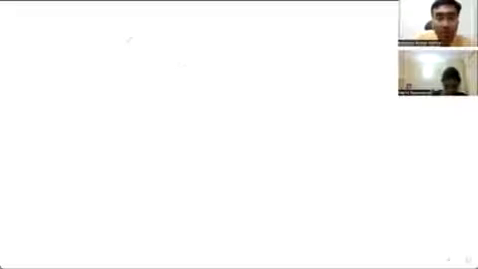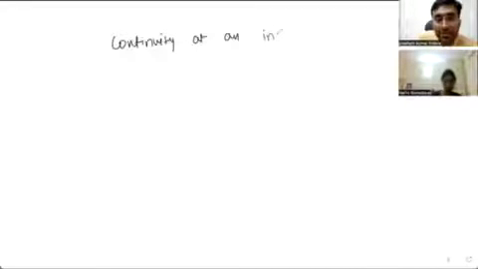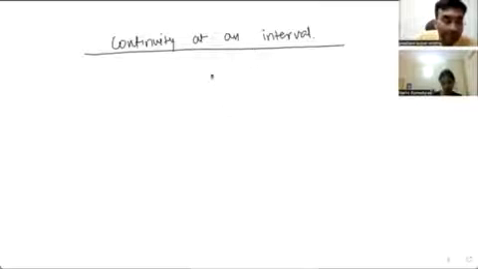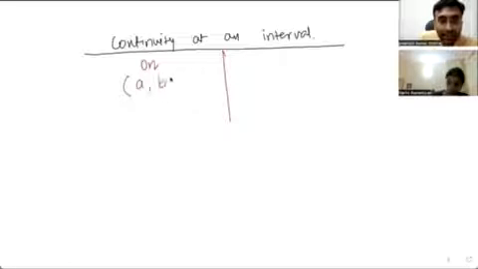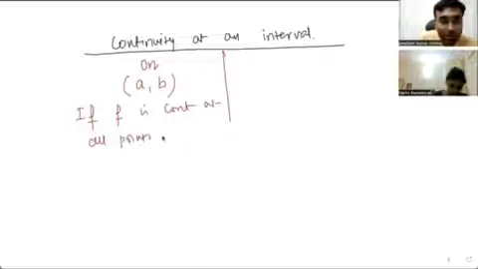Next we have continuity on an interval. Continuity on an open interval (a, b) means a and b are not included: f is continuous at all points belonging to (a, b).